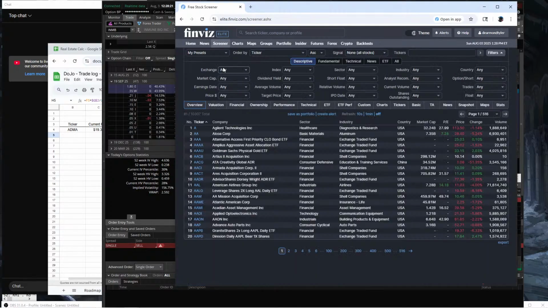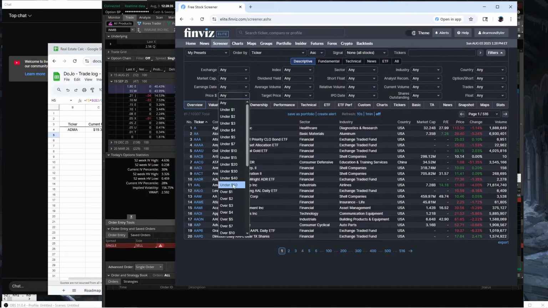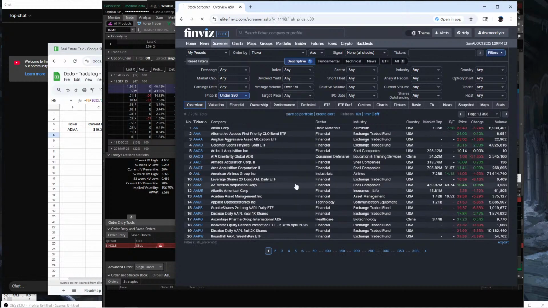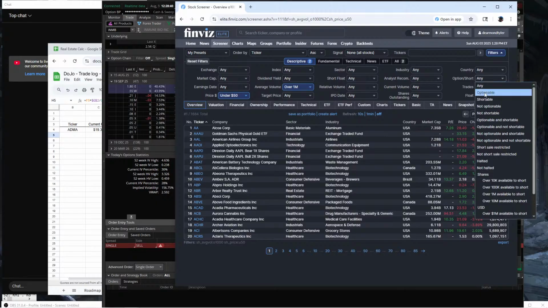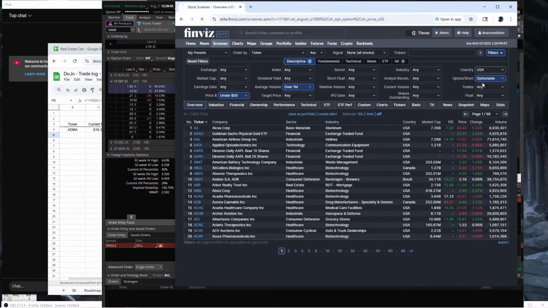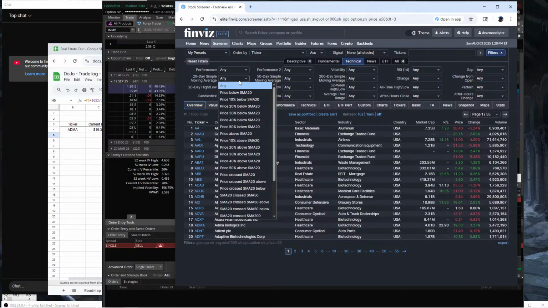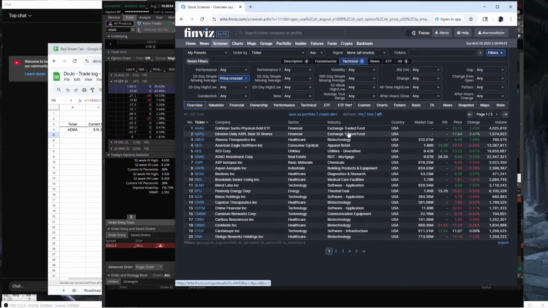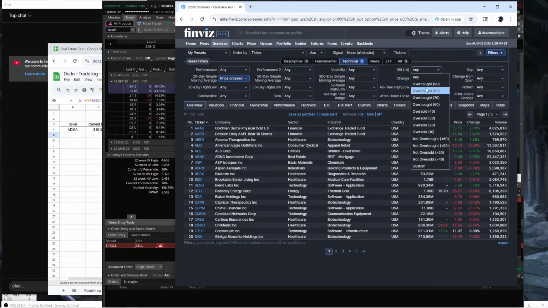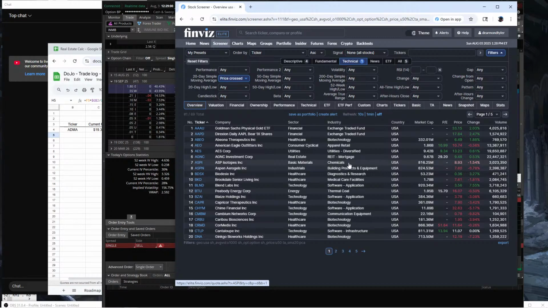Back to our screener. I need to save the screener. Let's keep it at any. Let's keep the price under 50. Let's keep the average volume over 1 million. Optionable. Technical, we want the 20-day price cross above. We want the RSI, can I customize this?